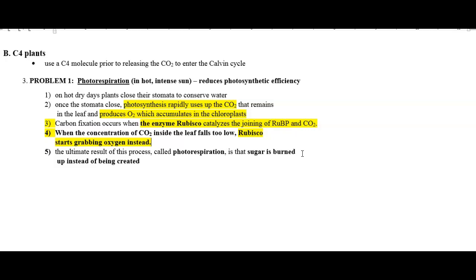Carbon fixation, Rubisco, whose job is to join RuBP and carbon dioxide, it's doing its job, but then there's not enough carbon dioxide, so then it's going to start to grab oxygen. So in this case, which is called photorespiration, all the glucose that they're trying to make is going to be used up. So sugar is burned up instead of being created.